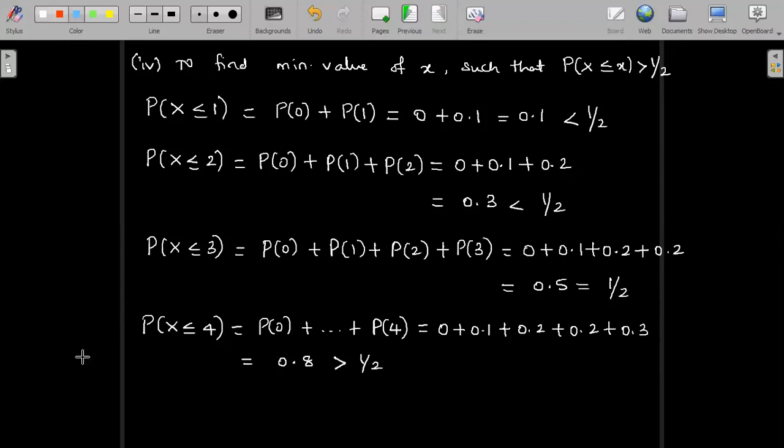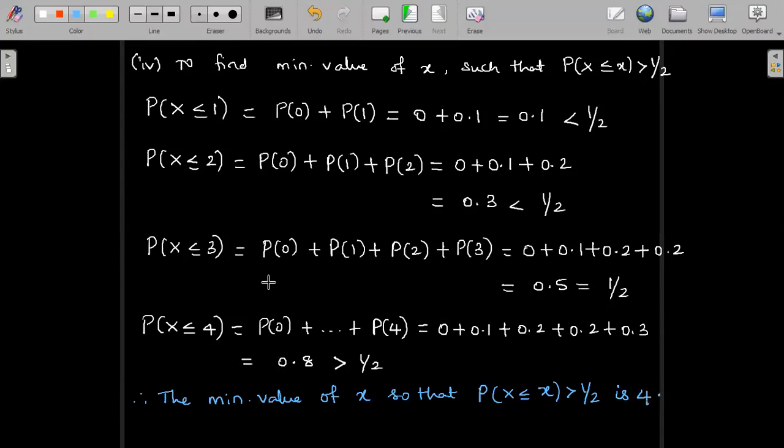So we will conclude, therefore, the minimum value of x so that probability of X less than or equal to small x is greater than half is 4.